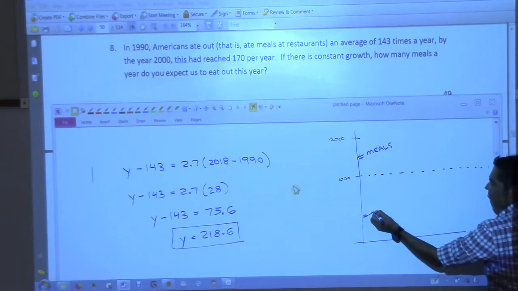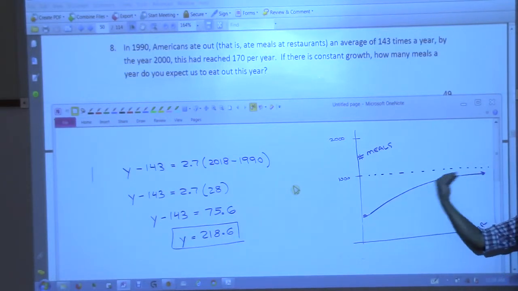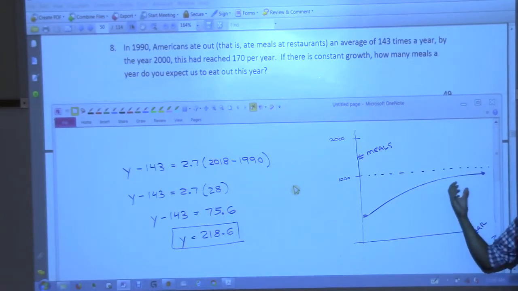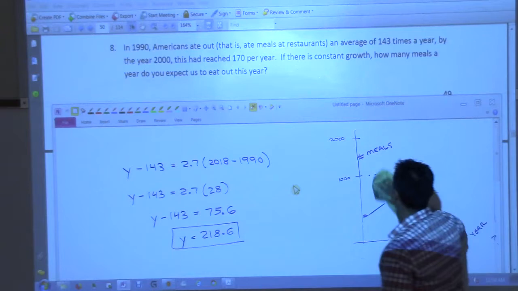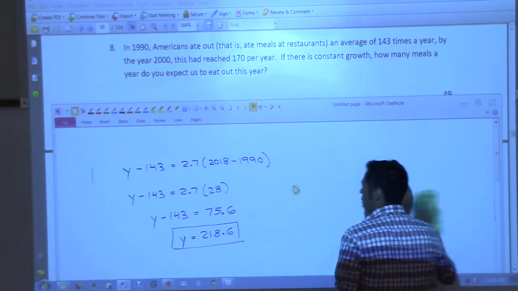So our model might be something more like this that has a curve to it, right? This is again going to be like an exponential or what we call logarithmic functions do this sort of thing. So I'm just trying to point out that linear equations are good, but they're not enough. We need other types of functions in the real world in order to make the real world actually make sense and do good predictions.